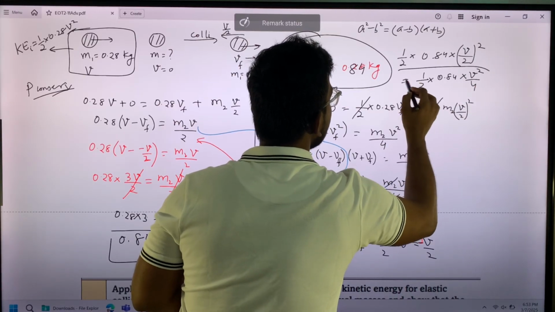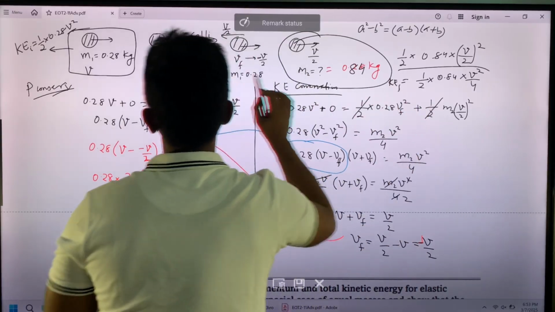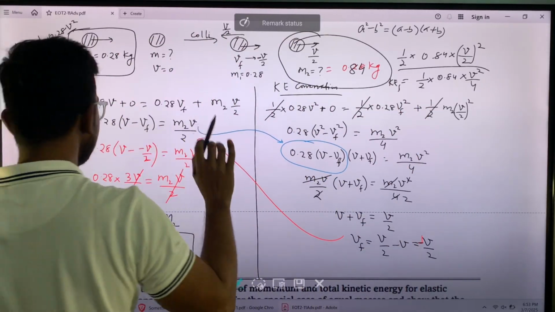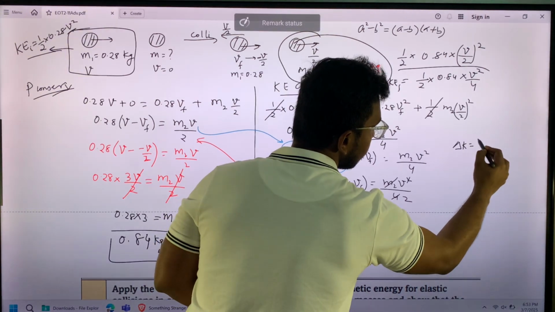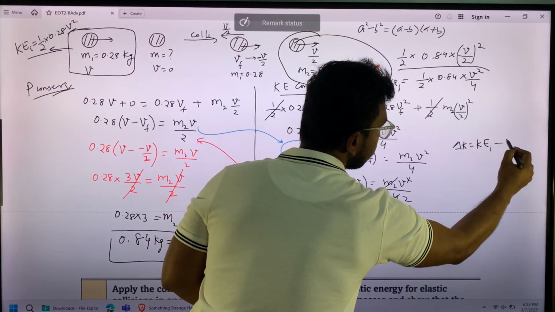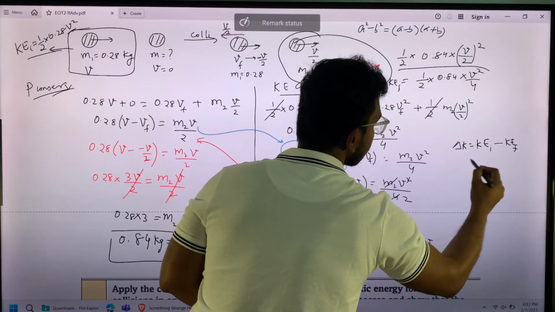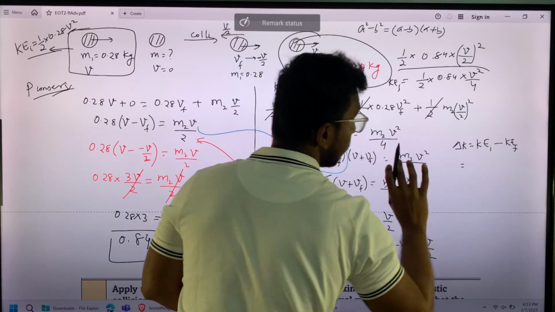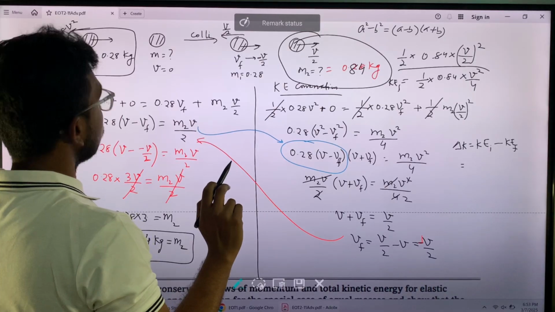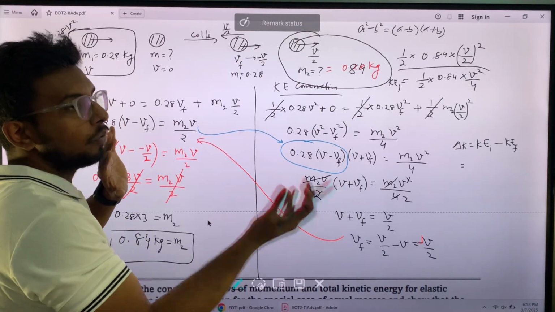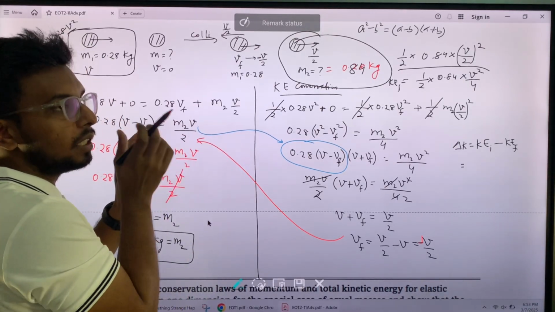If this is the final kinetic energy and this is the initial kinetic energy, I can find the difference. That means delta K will be K initial minus K final. That means how much change happened. You might ask why we are not doing final minus initial, but here we just need the change.